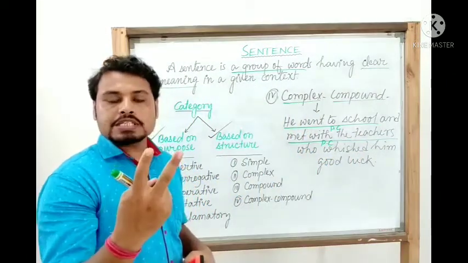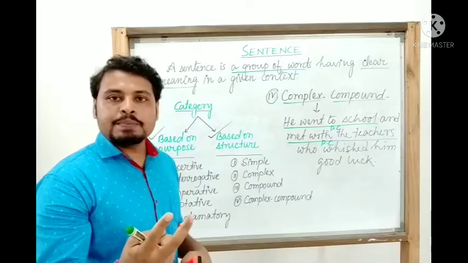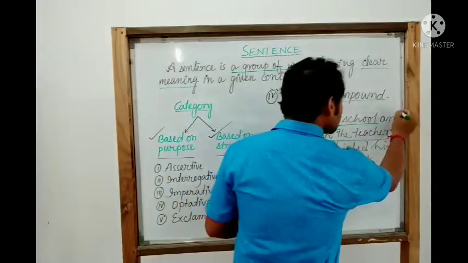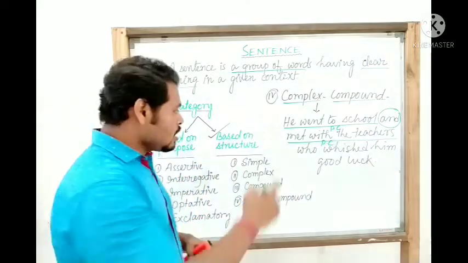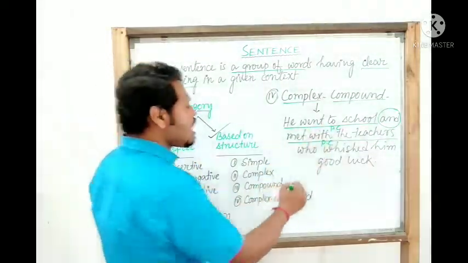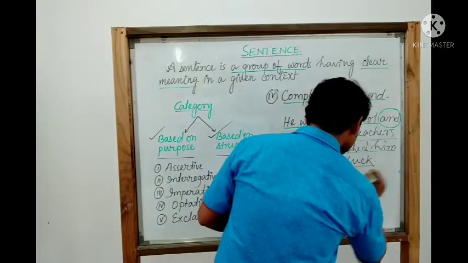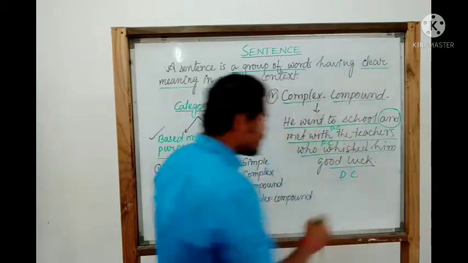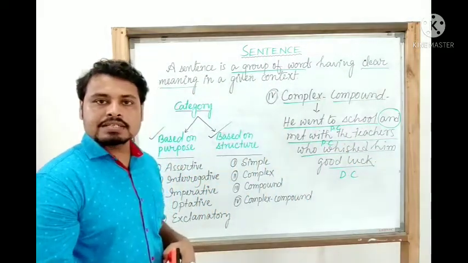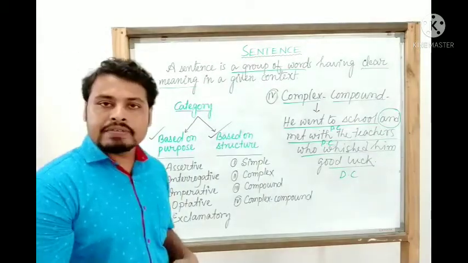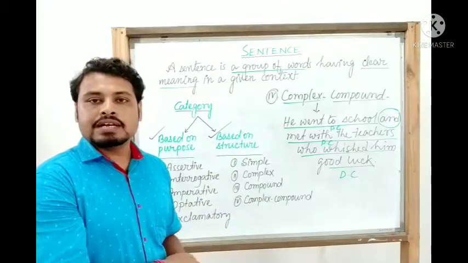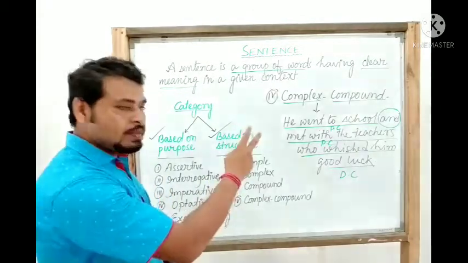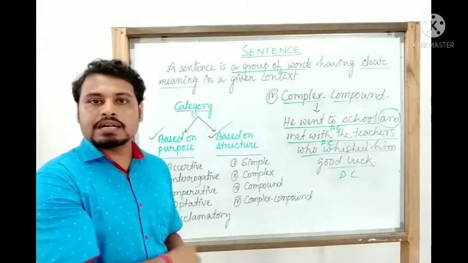So we have two principal clauses, or independent clauses, that are joined by a coordinating conjunction. Who wished him good luck? This one is a dependent clause. So that means this sentence has two principal clauses and one dependent clause, or two independent clauses and one dependent clause.